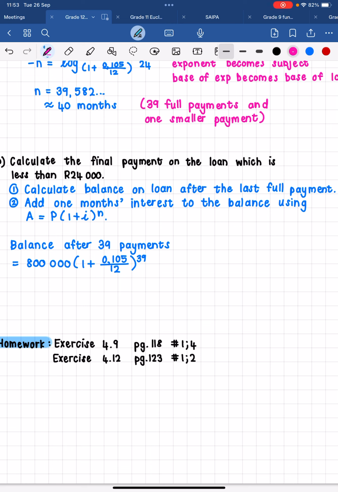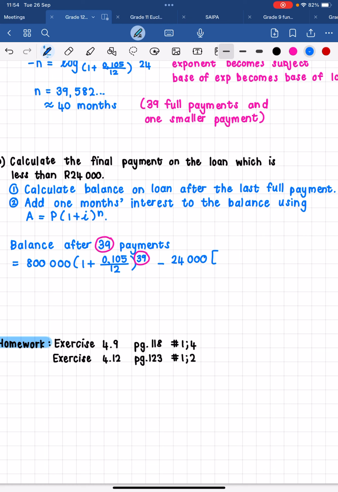Guys, remember when we're finding the balance on a loan, we always take as our n value the amount of time after which we're finding that balance. So if it's after 39 payments, we use 39 for n. And then we're going to minus the future value of all the payments. So x is 24,000. So this is now the future value formula that I'm using, not the present value formula that we used for the first question, right?